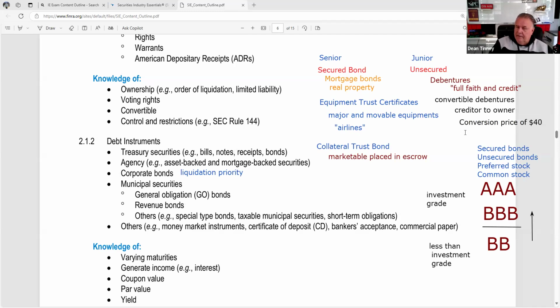Now, the only thing I think we need to worry about as it relates to the SIE is this. When we move on to the Series 7, this will be much more testable and in depth. But for SIE, what we should have a general understanding of is what's called the conversion ratio. If I want to figure out how many shares we can get, I would take par.